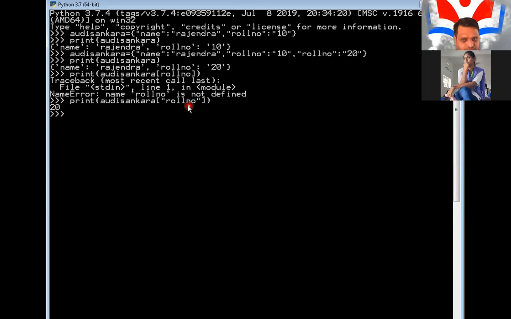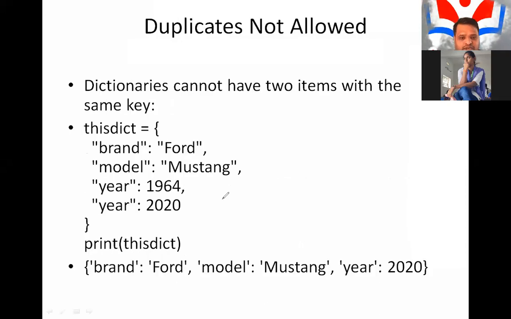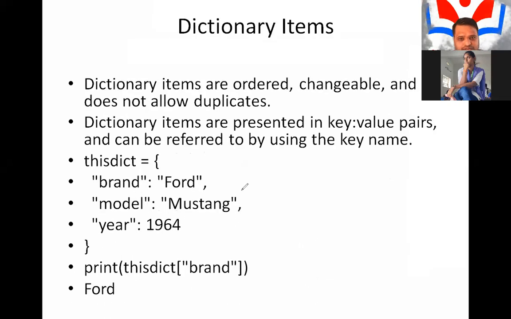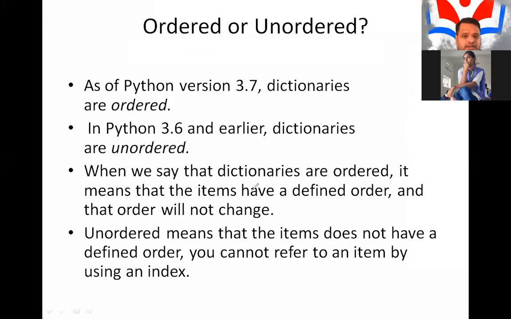Now straight away we will move into the further important concepts so that you can clearly understand. We have already seen whether the dictionaries are ordered or not, and that dictionaries are written in curly brackets.